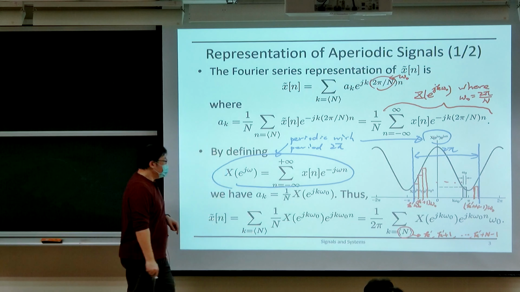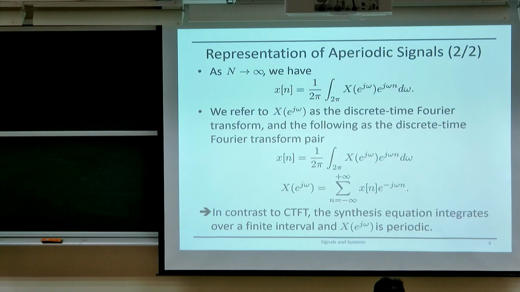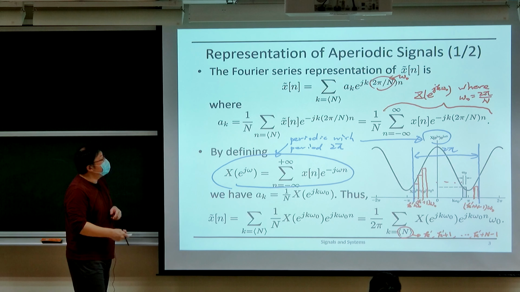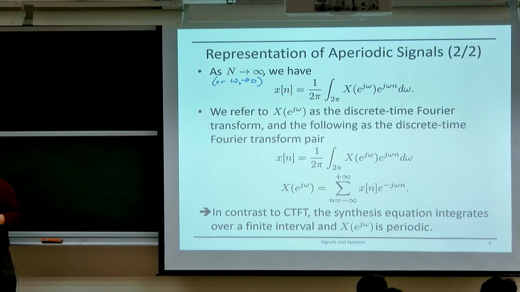So eventually, as omega naught goes to 0, this summation converges to the Riemann integral of this function over one period, 2 pi, which is over any 2 pi range.